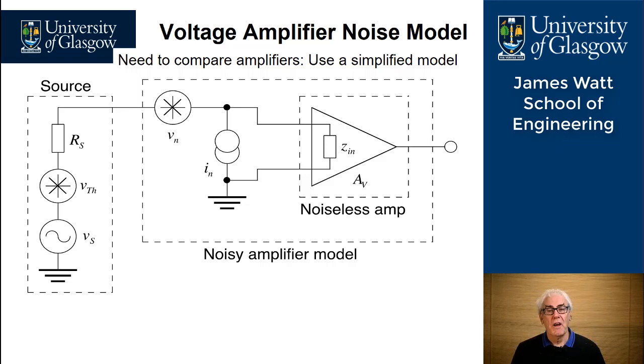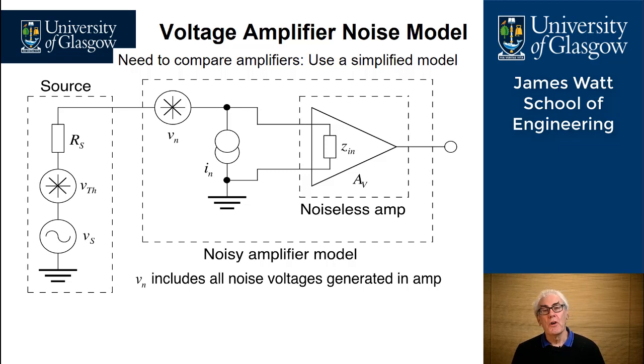We've also got an amplifier model, and here we've modelled a noisy amplifier, a real amplifier, with a noiseless amplifier, a perfect amplifier, and a noise current and a noise voltage associated with it at the inputs. The noise voltage in the noisy amplifier model includes all the noise voltage sources associated with that amplifier lumped into one component or one element.